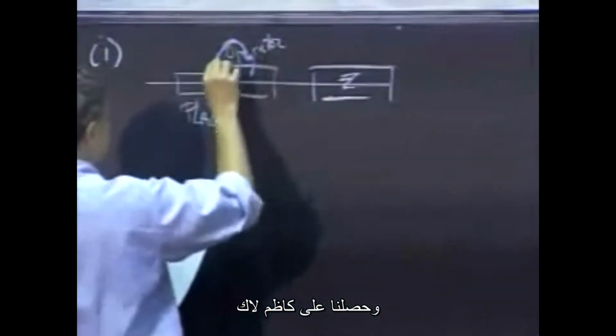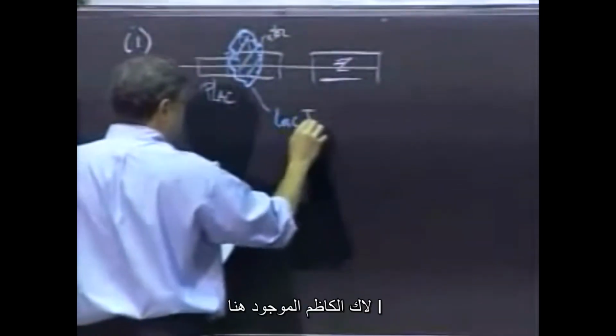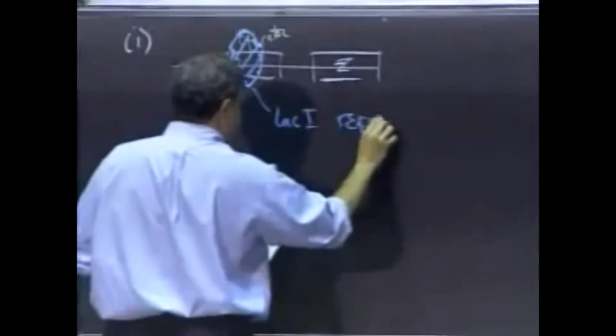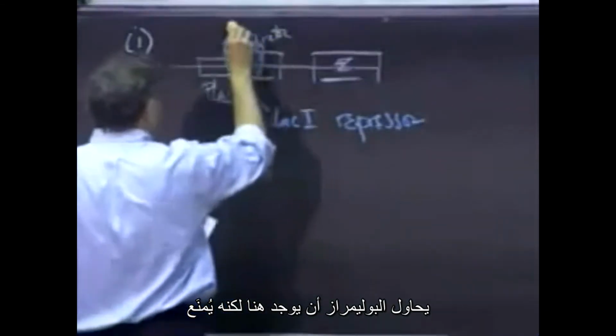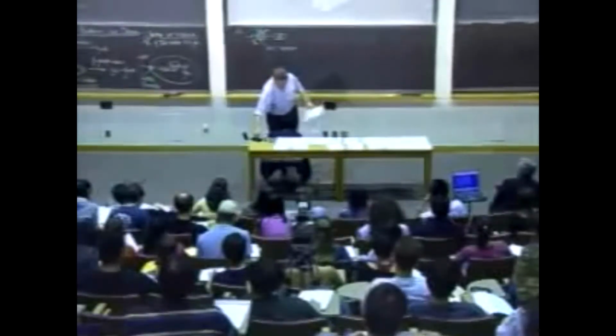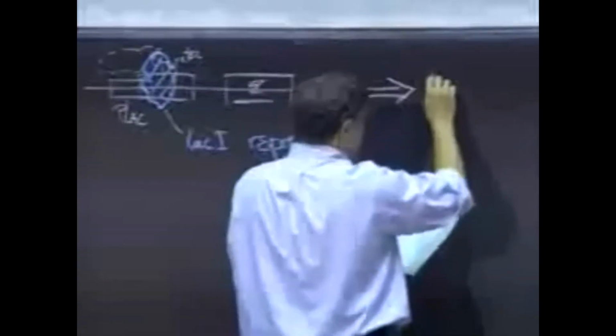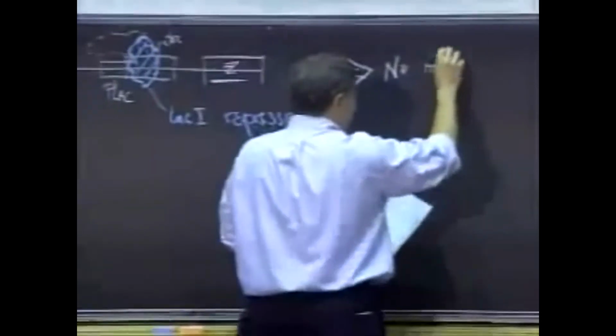And we've got the Lac repressor, the product of Lac I, sitting there. Polymerase tries to come along to this, and it's blocked. So what will happen in terms of the transcription of the Lac Operon? No mRNA.